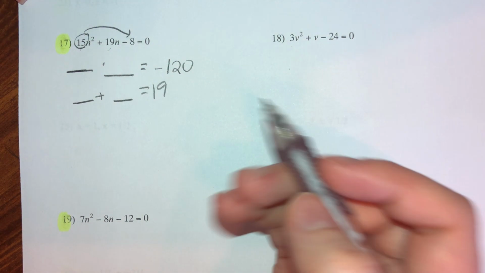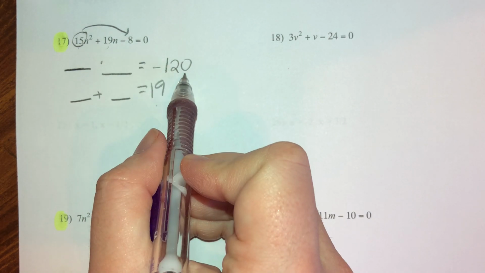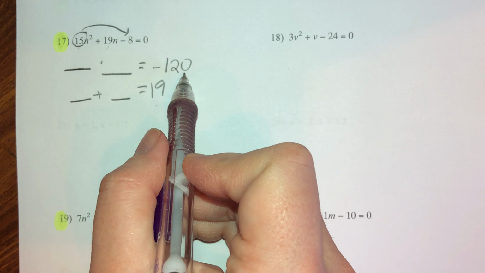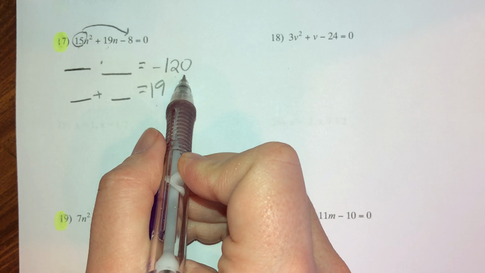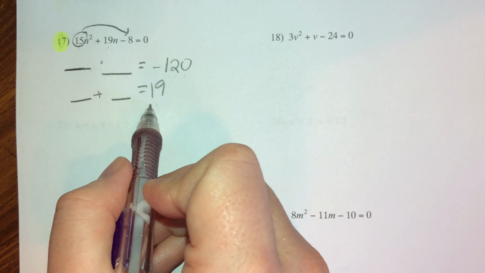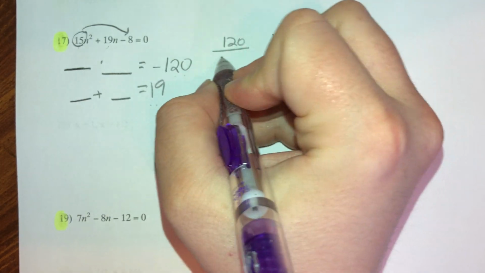Okay, so I need those two numbers that are going to give me 19. So since this is such a big number, it may be a little more difficult to find. Initially, I'm thinking like 6 and 20, but that wouldn't work to give us 19. So it might just be helpful to make a little chart here.